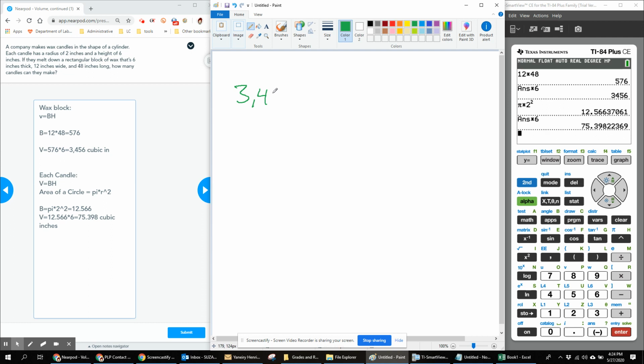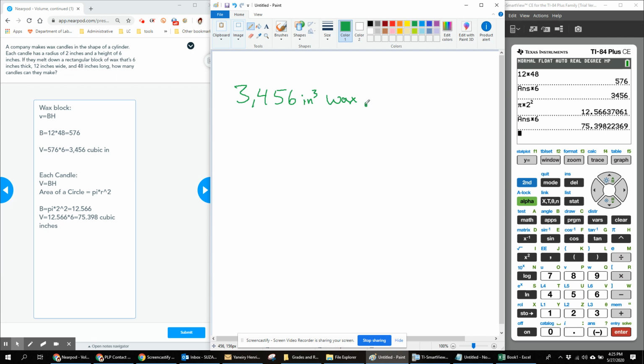So I've got 3,456 cubic inches of wax. And this is how much wax per candle. So that's a rate. So I want to know how many candles.